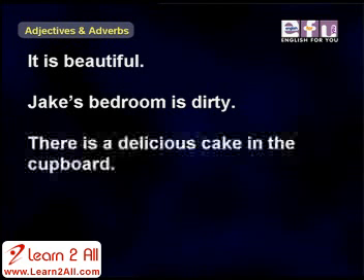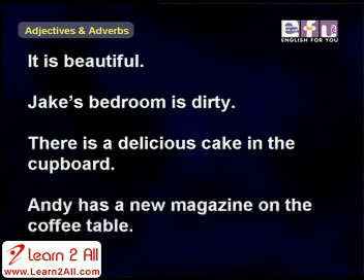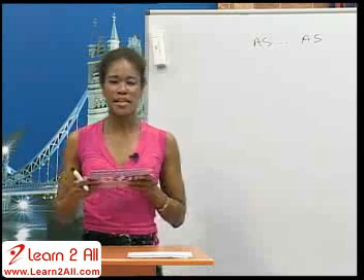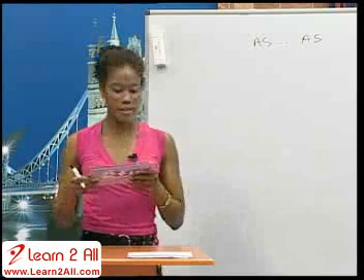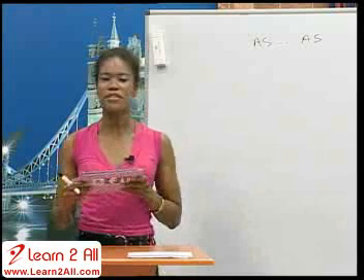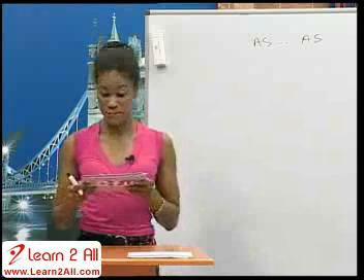Next example. There is a delicious cake in the cupboards. Next, Andy has a new magazine on the coffee table. So you can see beautiful, dirty, delicious, and new are adjectives.